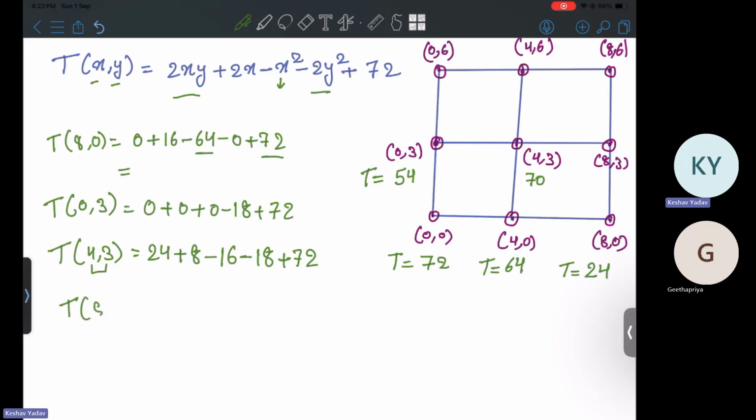Now T 8, 3. T 8, 3 we used to find. So this will be 48 plus 16 minus 64 minus 18 plus 72.